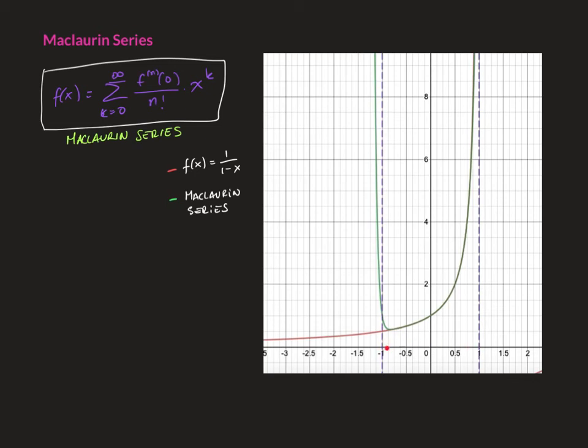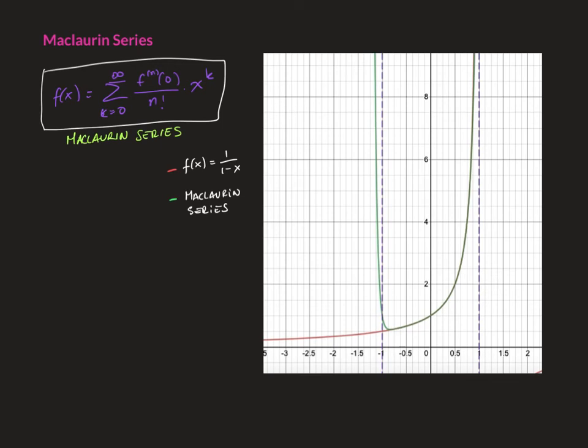This area between -1 and 1 in particular is the convergence region for the Maclaurin series for this function. As you can see, the closer you get to -1, the more different the two functions will start to look. However, this polynomial is going to be convergent between -1 and 1, and not convergent for 1 and -1.